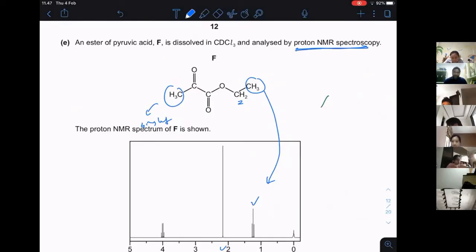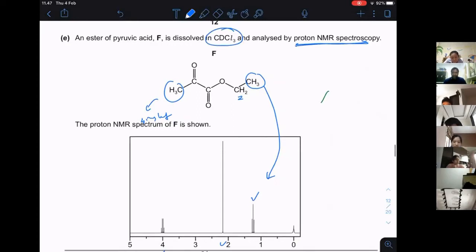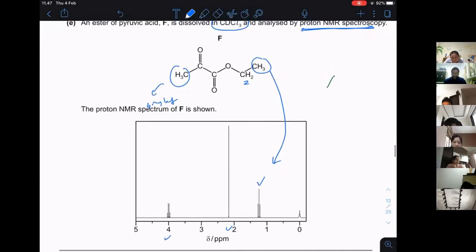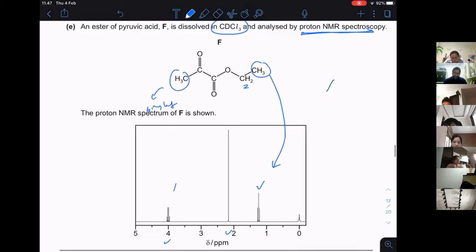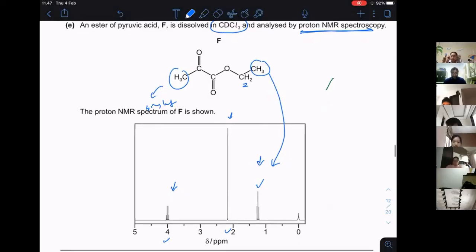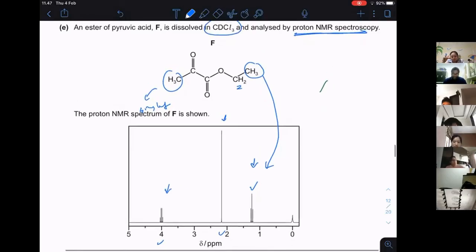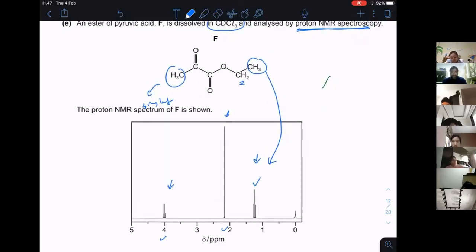So you know we are talking about something where you have more peaks over here. This is going to be related to high resolution NMR spectroscopy. So you can see that there are splitting patterns.